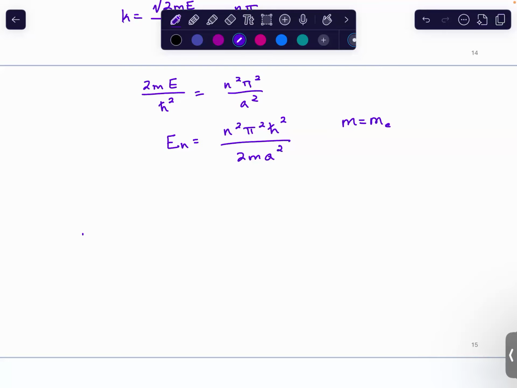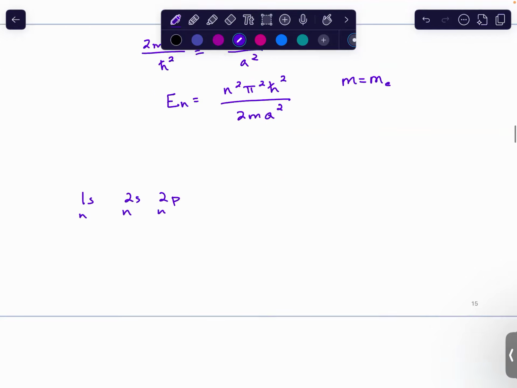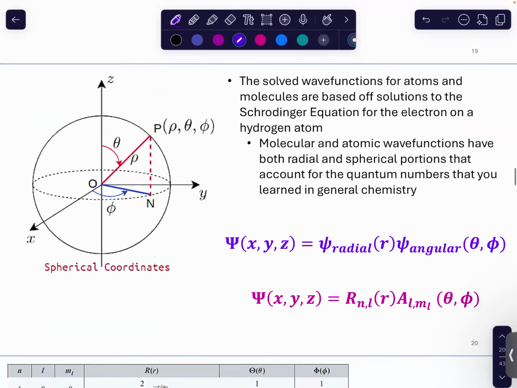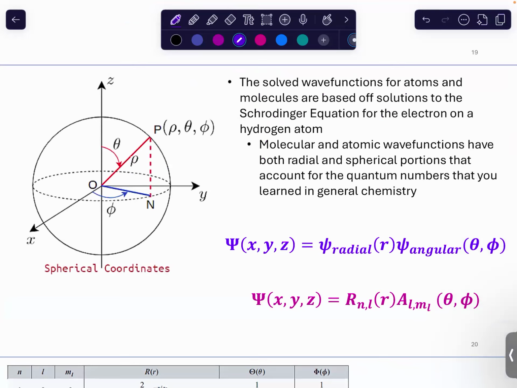So like your 1s, 2s, 2p, those numbers are your values of n. Those are your energy levels. Perfect. And so see, I gave myself more room than I needed.